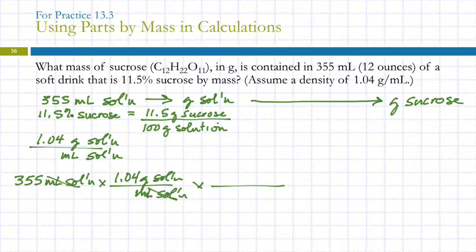And then I'm going to put grams of sucrose on top and grams of solution on the bottom. And that comes from the percentage here, 11.5 grams of sucrose per 100 grams of solution. Calculator's saying 42.458.